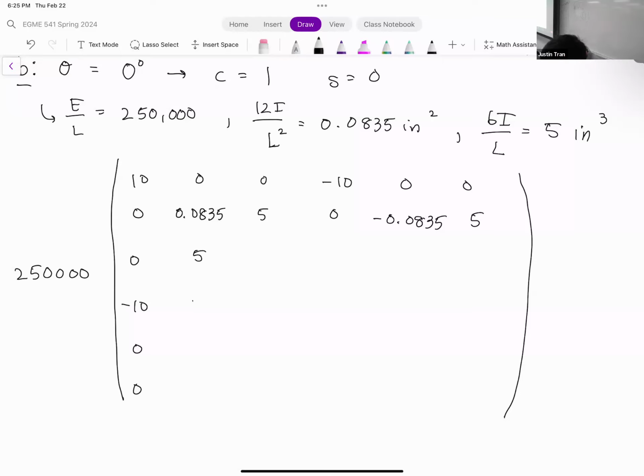We have 5, 0, minus 0.0835 and then 5. Next row is 400, 0, minus 5, 200. Same thing, I'm going to write those into the third column.